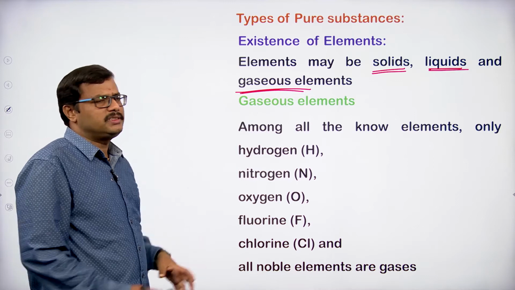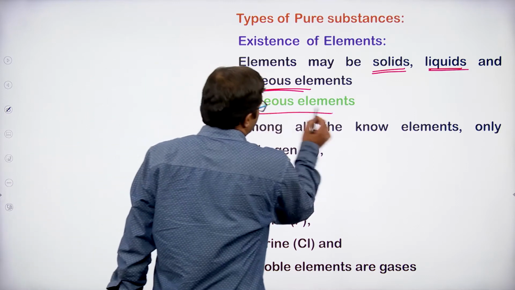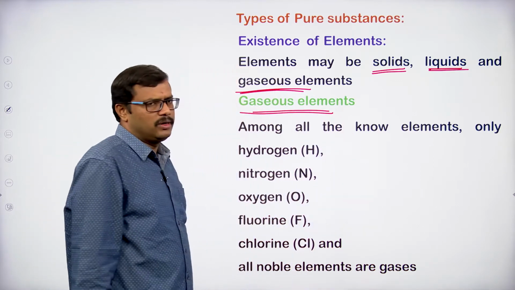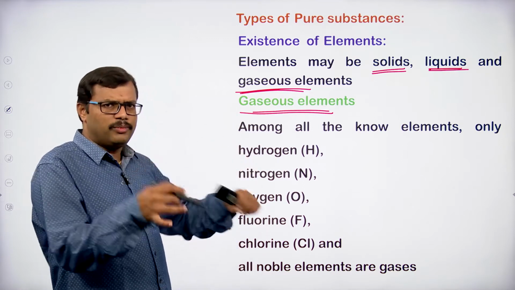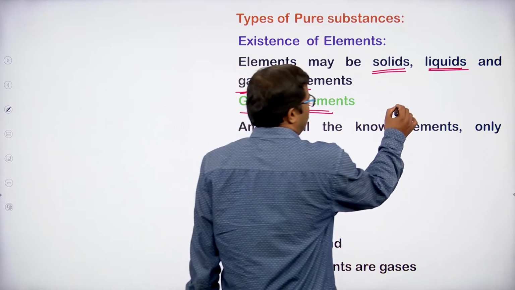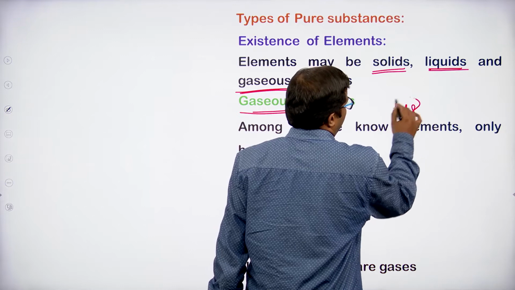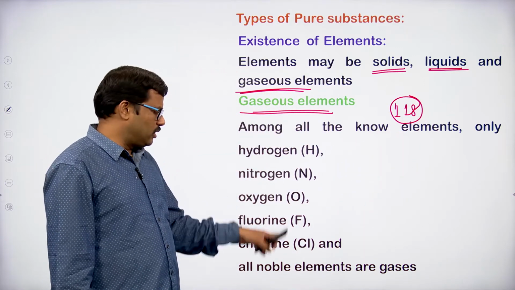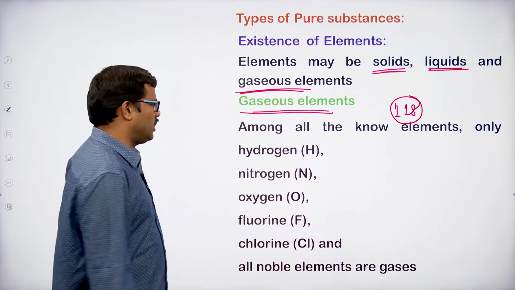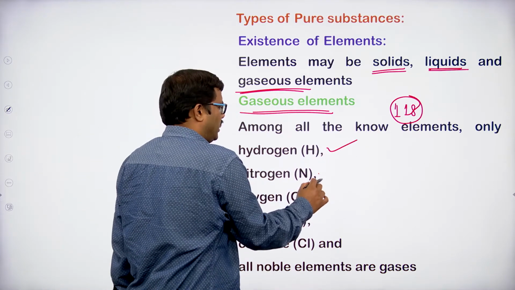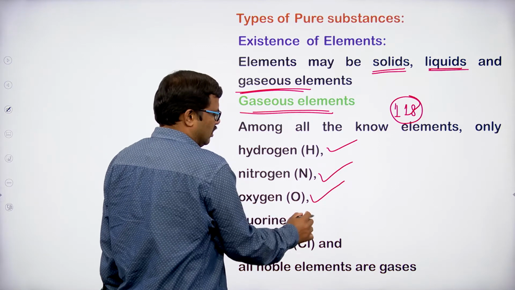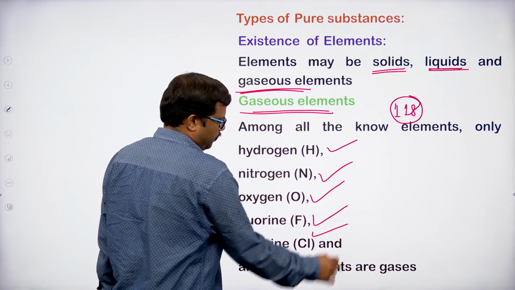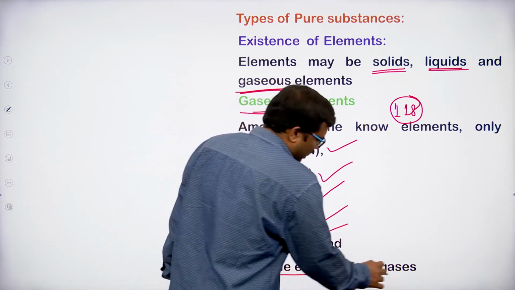Let us first look at the gaseous elements. How many gaseous elements do we have in our periodic table? Among the 118 elements known to us, only 11 elements, which we are going to discuss now, are gases. What are they? Hydrogen, nitrogen, oxygen, fluorine, chlorine, and all the noble gases.